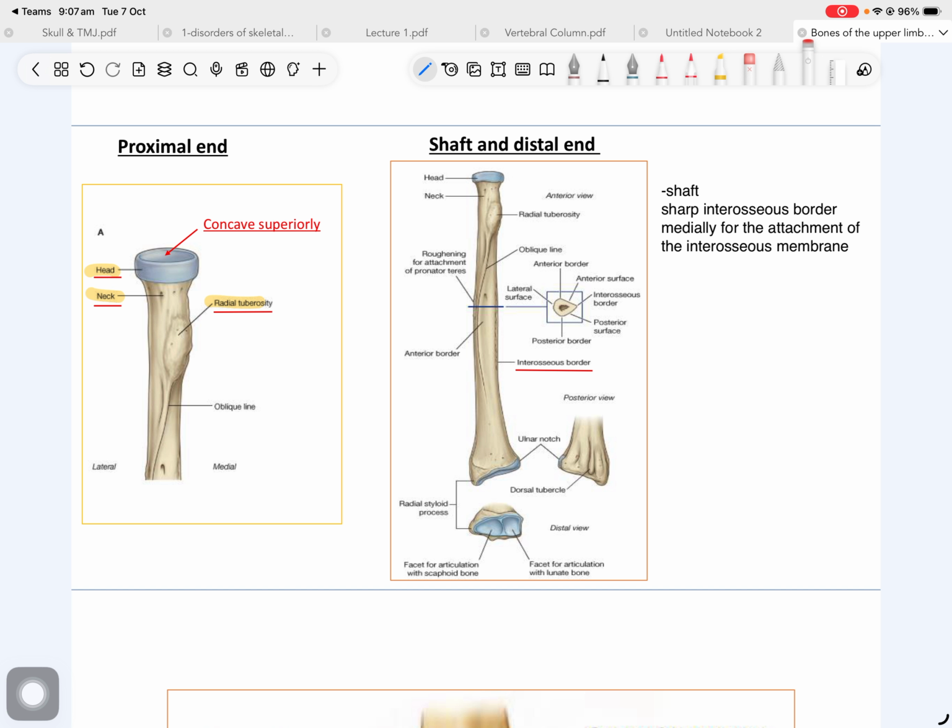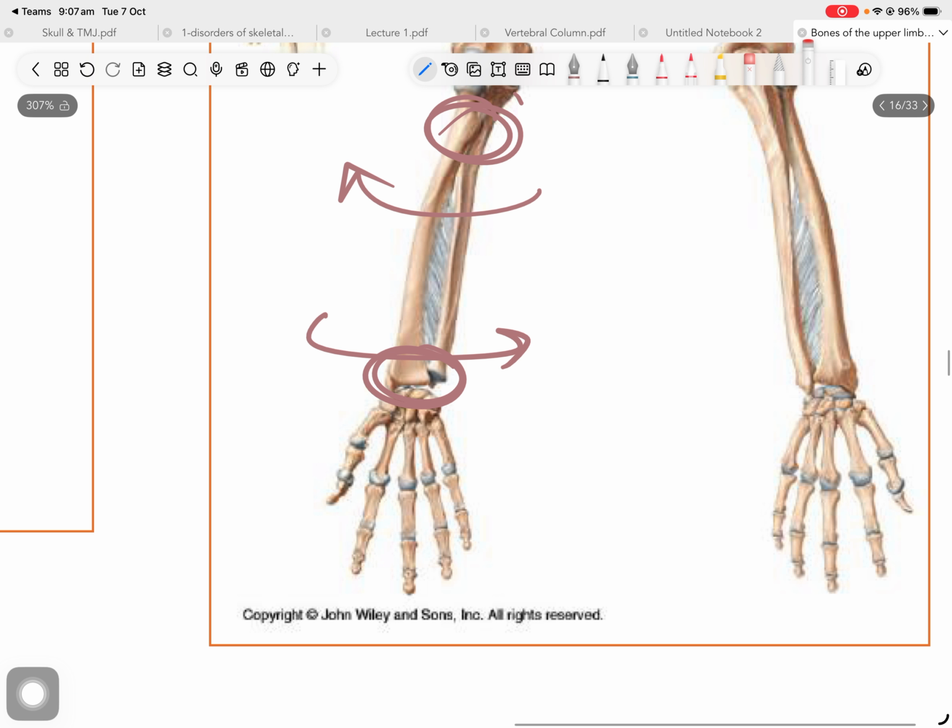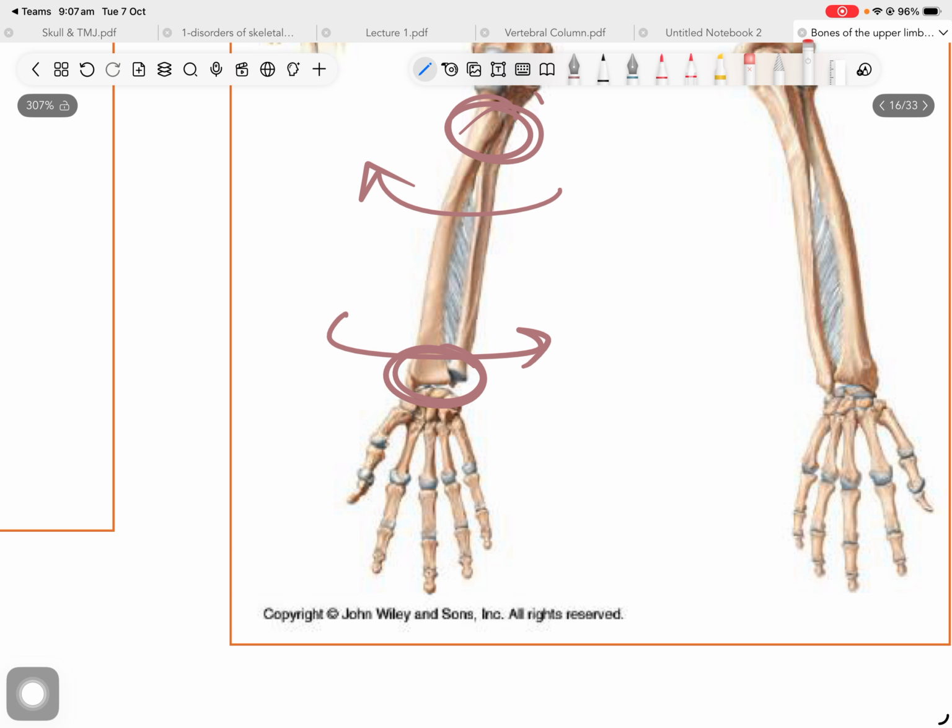Let's have a look at the shaft of the radius here. The medial border of the shaft of the radius is a very sharp border. It is a high border here at the medial side of the shaft. It is very sharp. Why? Because I have a membrane, as you can see here. It connects the radius with the ulna.